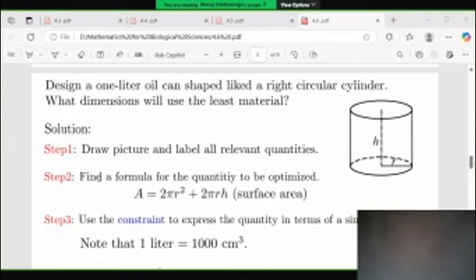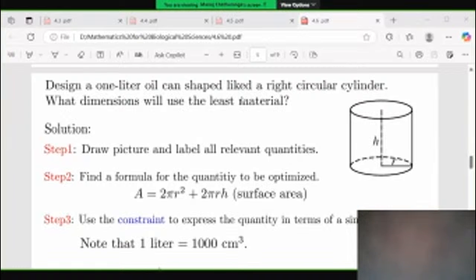Then find a formula for the quantity to be optimized. Here we need to minimize the surface area. In the last problem, we wanted to maximize an area. In this problem, we want to minimize an area.